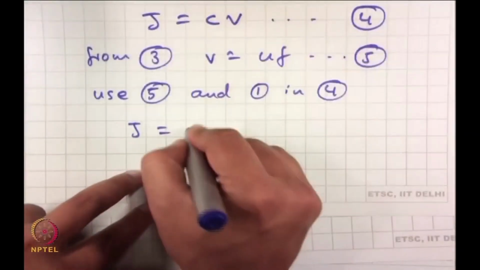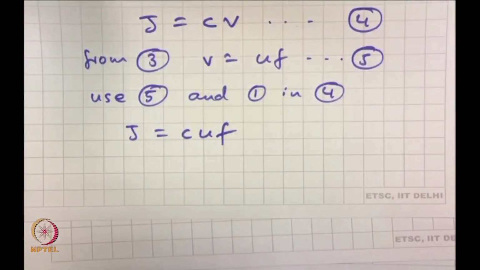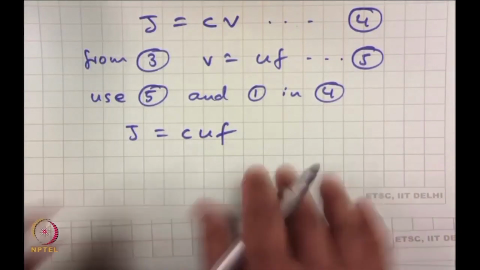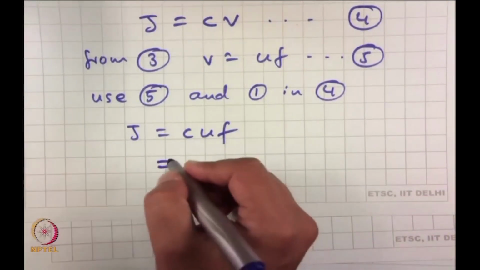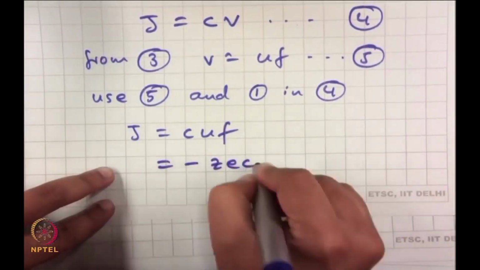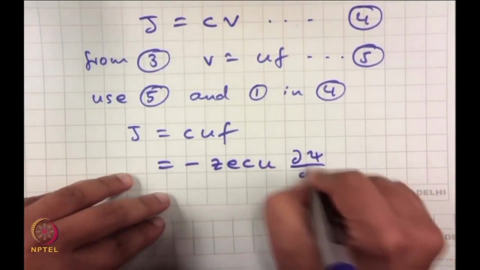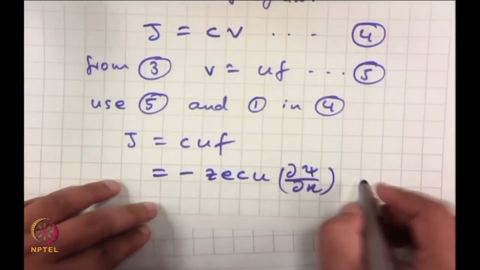So, J is equal to C times u times F, right, C times u times F. Now, what is F from 1? So, it would be minus Z E C u, then del psi over del of x.